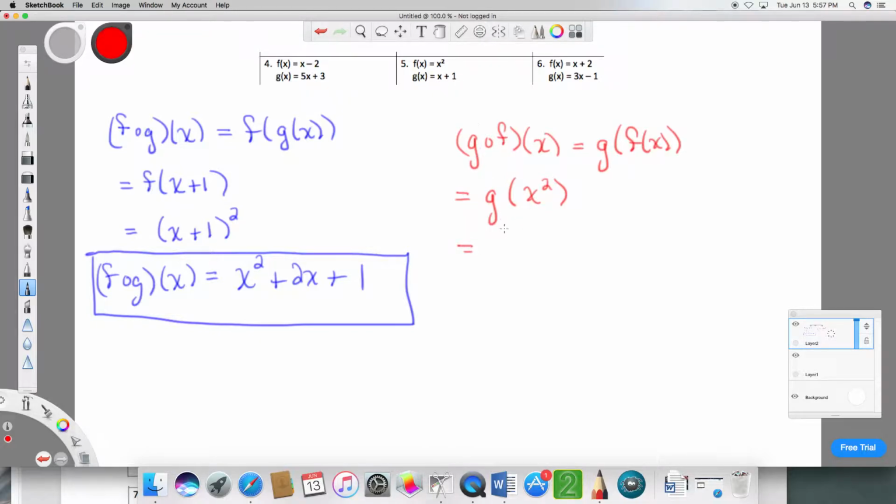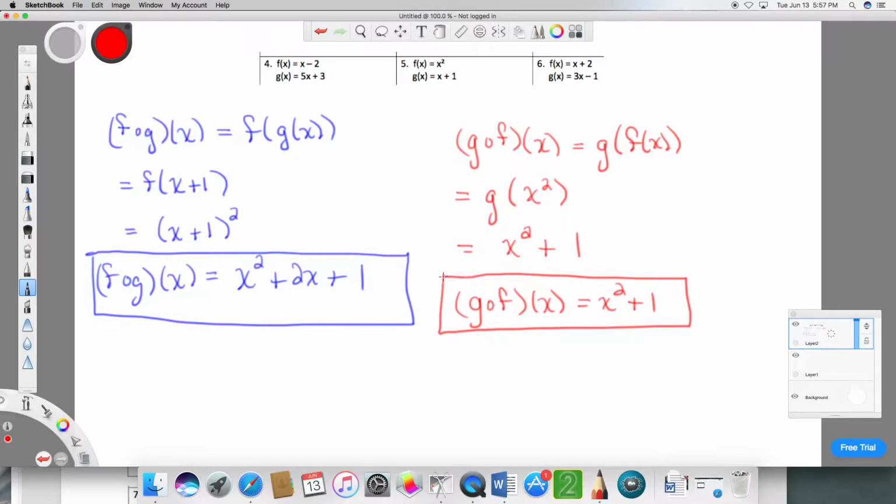G always creates an addition problem where it takes the input and adds 1 to it. So that's our final answer, that G composed with F of X is x squared plus 1. So you can see each time we're taking F and G and we're building new functions, F composed with G and G composed with F.